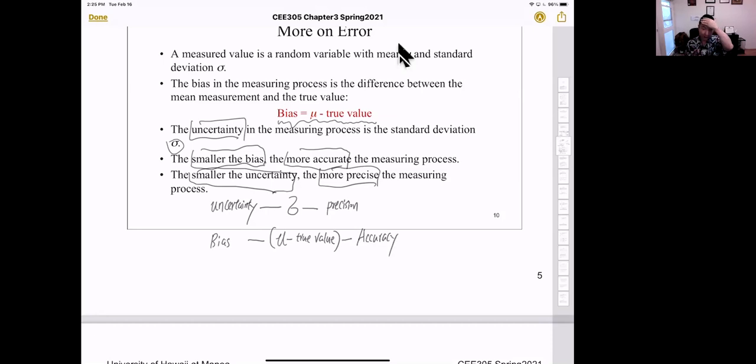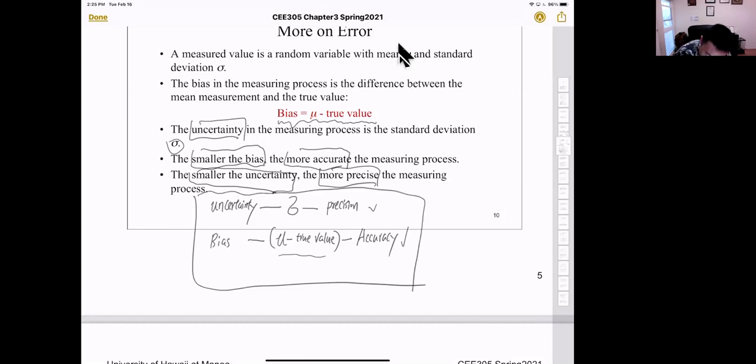All right. So you may take some time to get familiar with these words. Try to know the difference between precision, accuracy, uncertainty, and bias. And then we use standard deviation sigma to describe uncertainty and precision, and we use the difference between mean value and true value to describe bias and accuracy. All right. So this is something important for you to understand and remember.